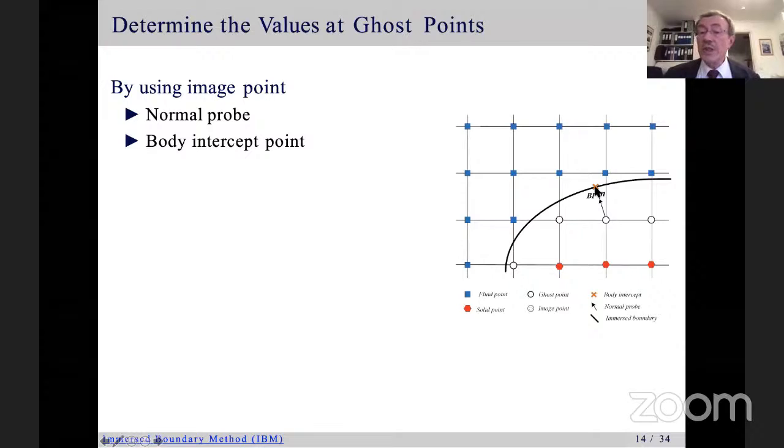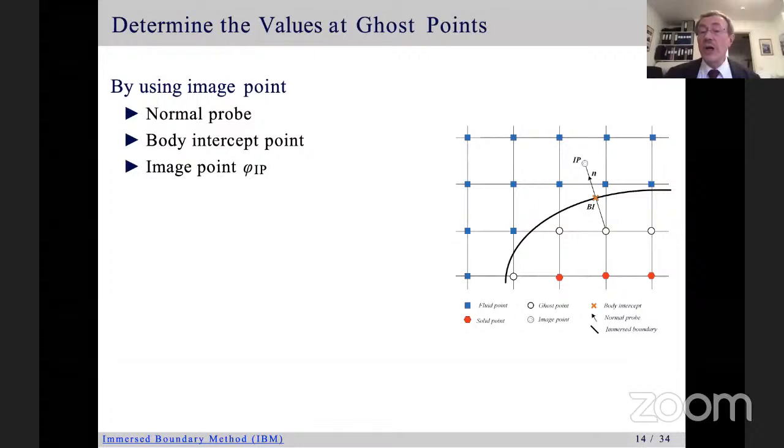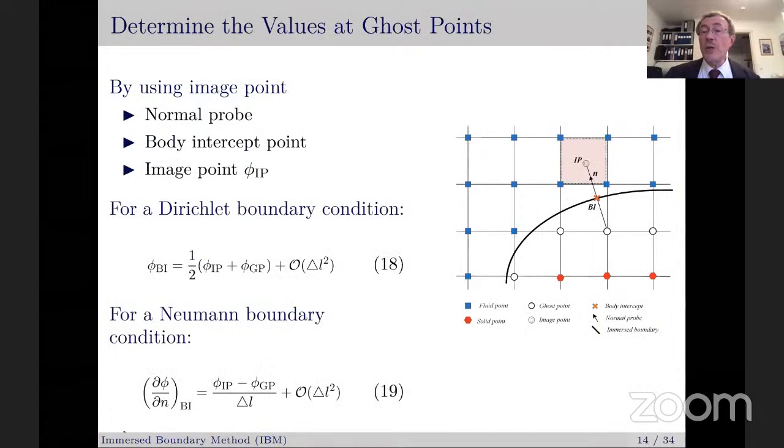And then we get from there to the fluid domain by mirroring along the normal at the body intercept. By that, we get to the image point. And the image point is now inside the fluid domain, so we can interpolate its value, knowing the values of the neighbors. So we do that by bilinear interpolation. So then we know the values at the image point.